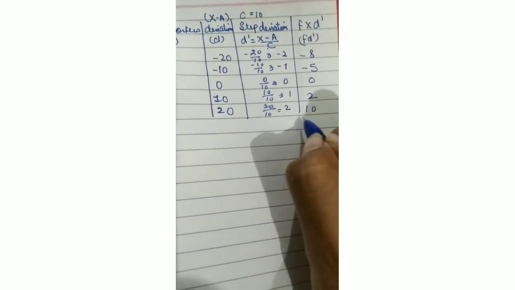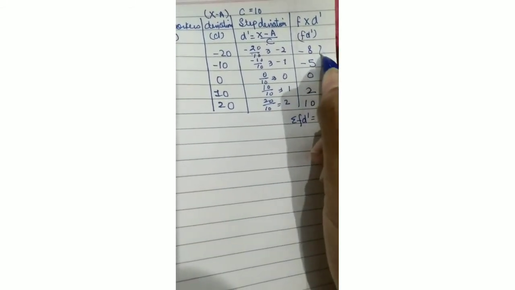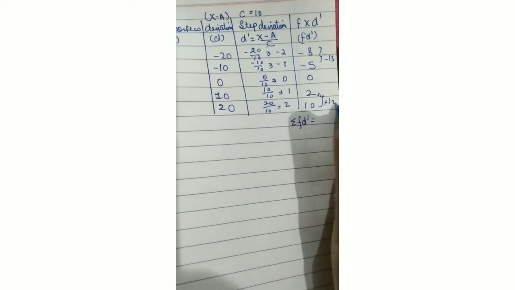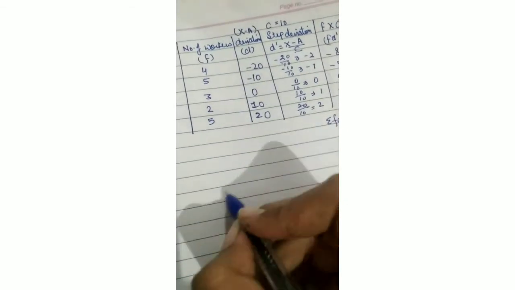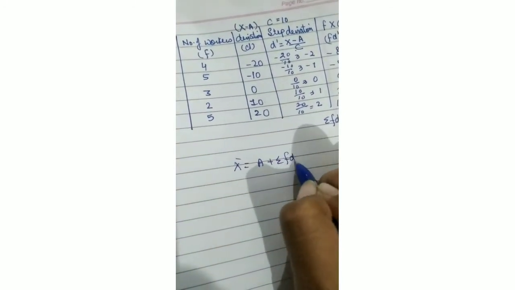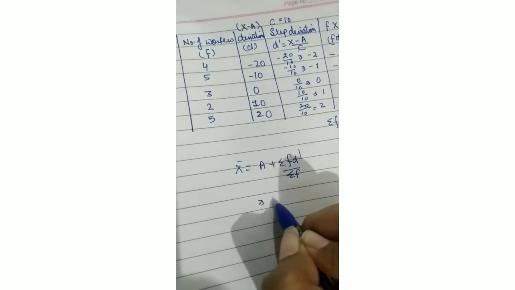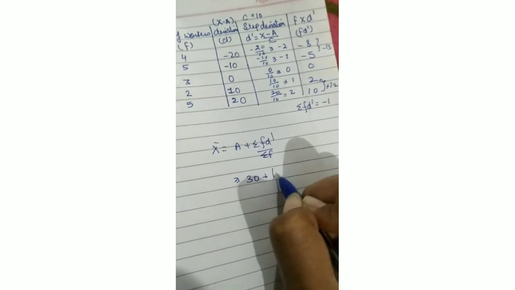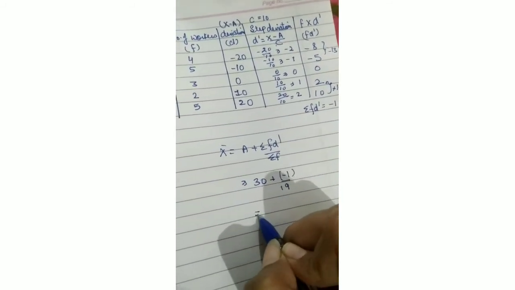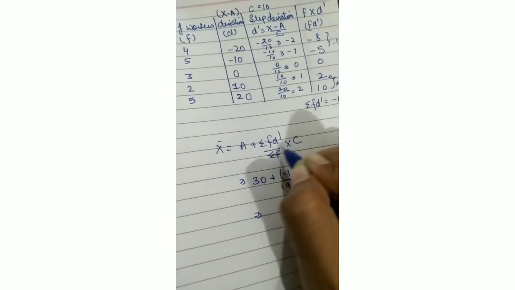Considering all this, we will have our sigma f d dash equals to minus 1. So our formula will be mean equals to a plus sigma f d dash divided by sigma f, that is 30 plus minus 1 divided by 19, and the formula also has the common factor multiplied by 10.